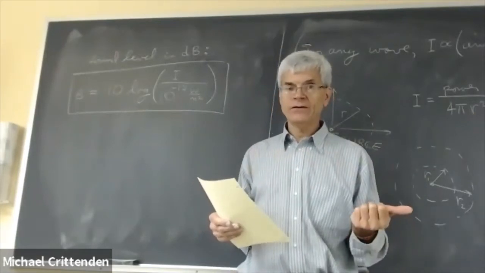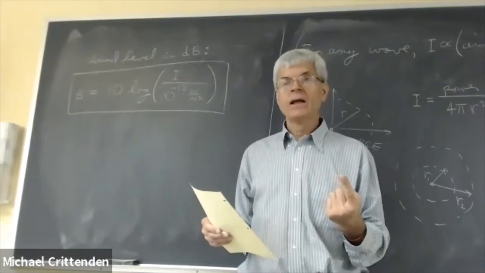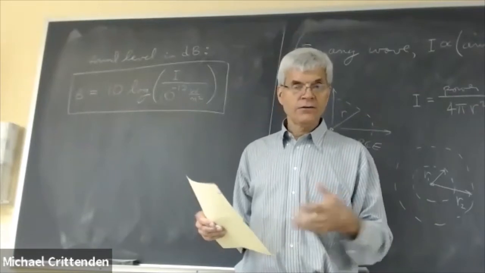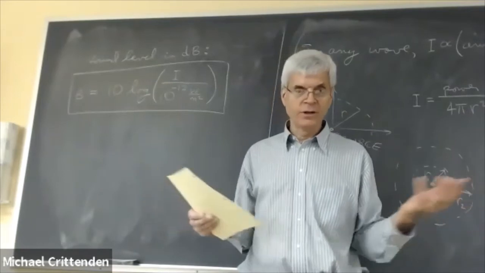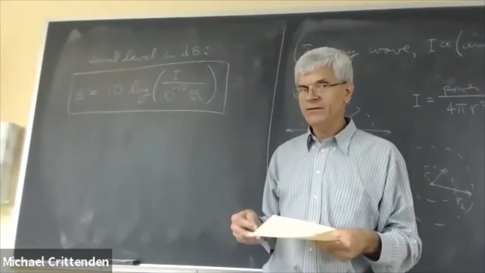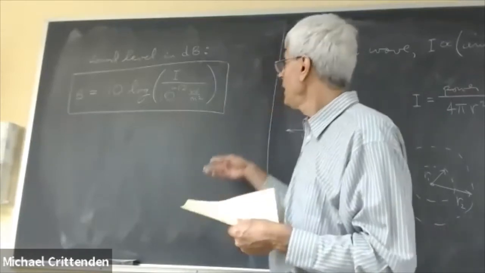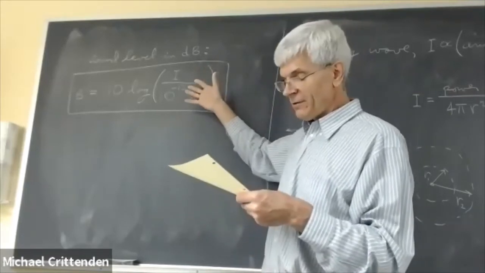In practice, first of all, you can't hear anything that faint. And even if you could, there's always some louder sound around to drown it out anyhow. So you don't really come across negative numbers of decibels, even though in principle it could happen. So 0 decibels at the threshold of hearing.